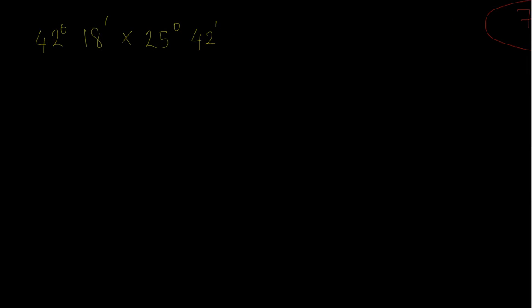Okay, so to do this method, we draw a grid. Since each number here has 2 digits, it will be a 2 by 2 grid, or a square in this case. But in general, it can be a rectangle. The number of digits doesn't have to be equal.